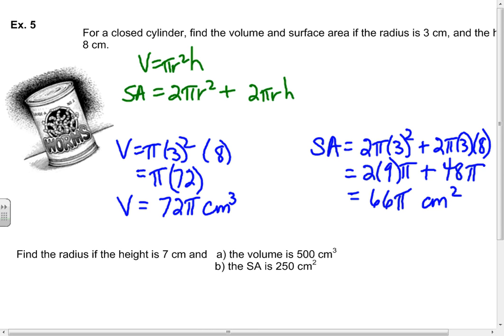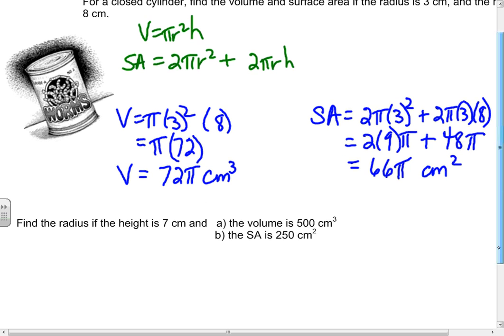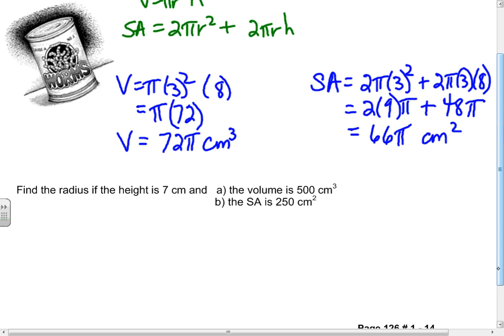Find the radius, however. If the height is 7 and the volume is 500, the surface area is 250. So if my volume is 500, pi, and I want the radius times 7.